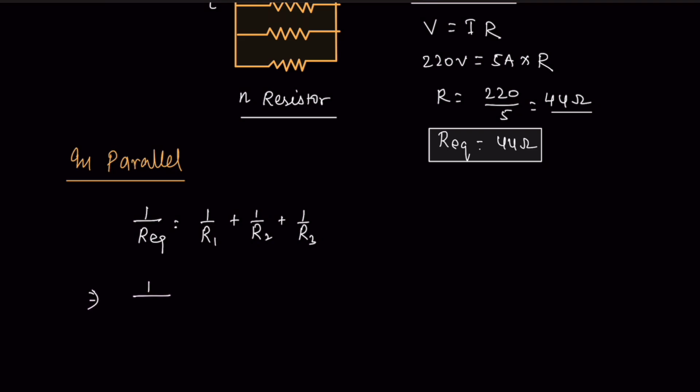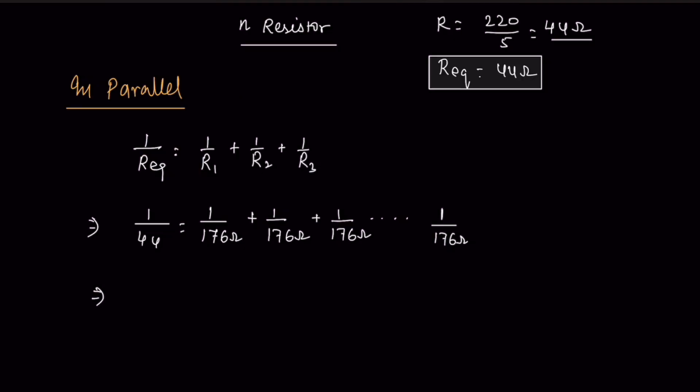We already got the total resistance, it's 44, and the individual resistance is 176 ohm. But we don't know how many resistances are present. So let's assume the number of resistances is N, so it will go till N number of terms. So we can write it as 1 by 44 is equal to N upon 176 ohm.